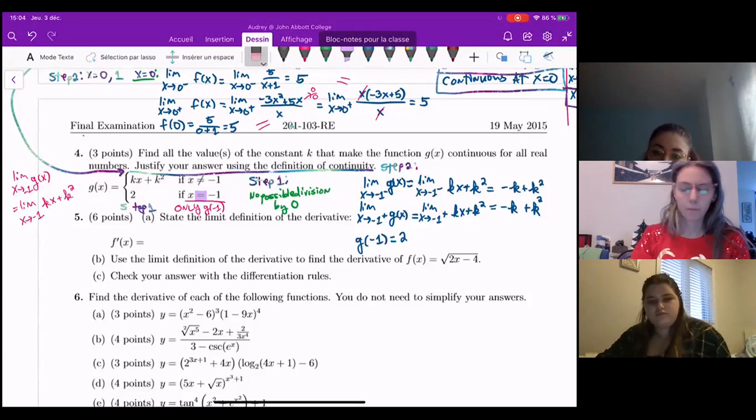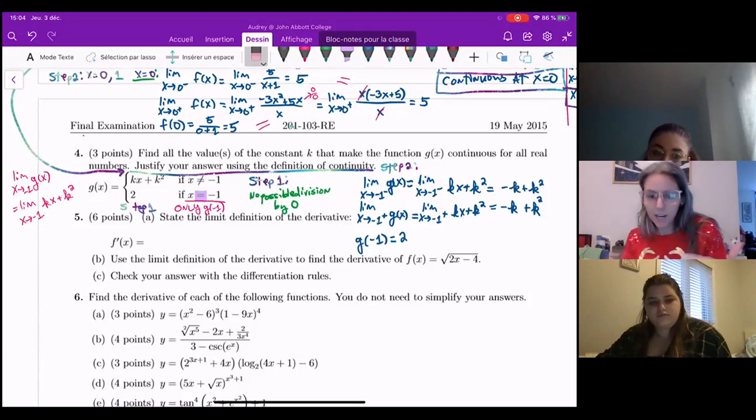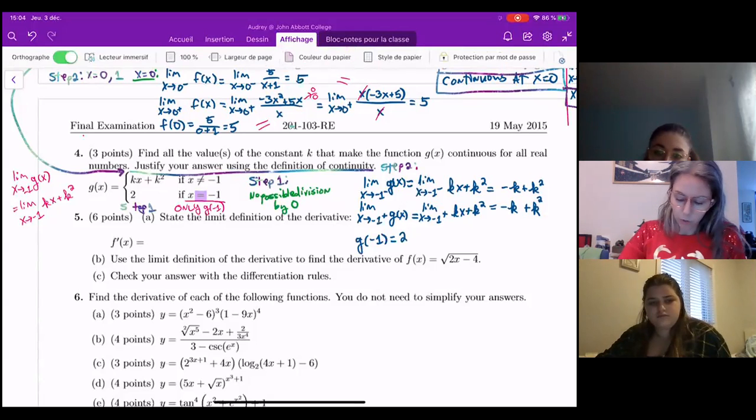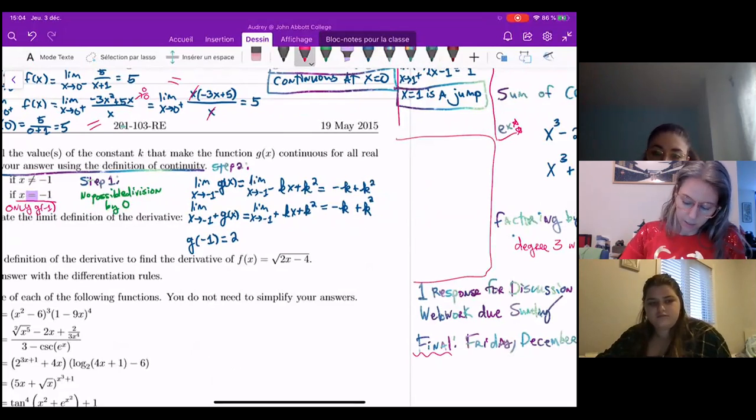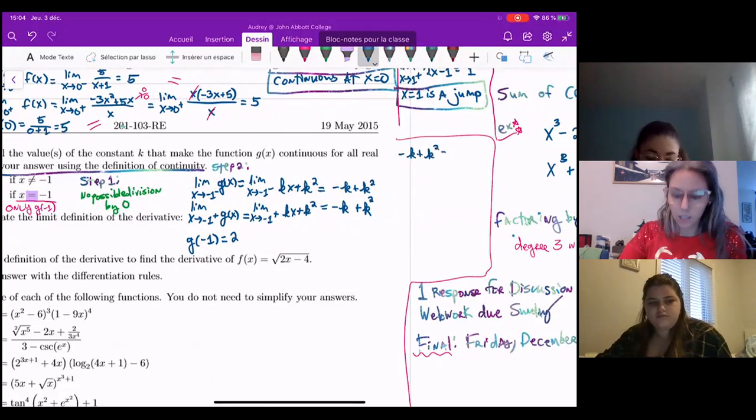They already are equal. I'm setting them equal to the function. Good job. So all three of these things need to be equal. So I'm going to have negative k plus k squared is equal to 2. I am now setting them equal.